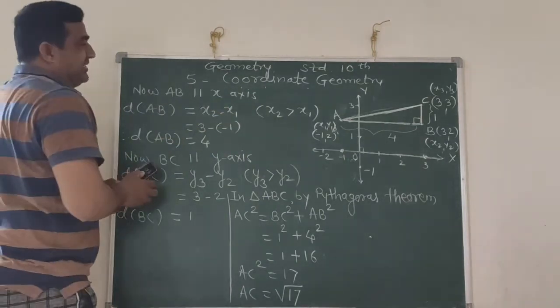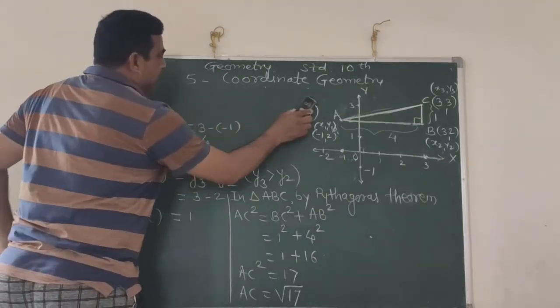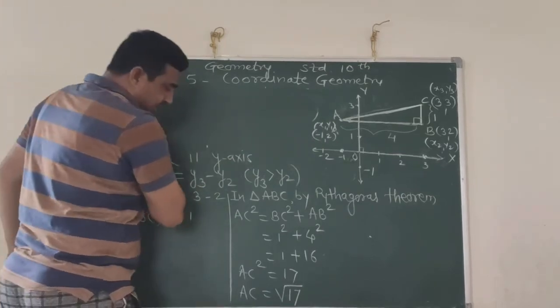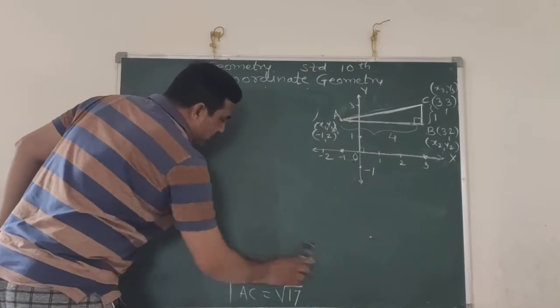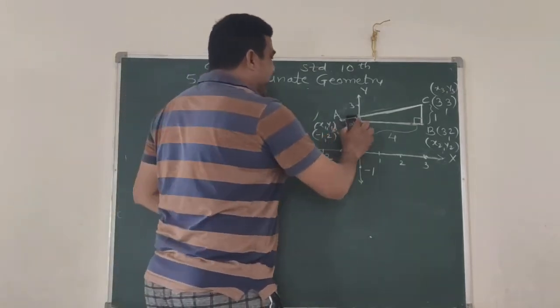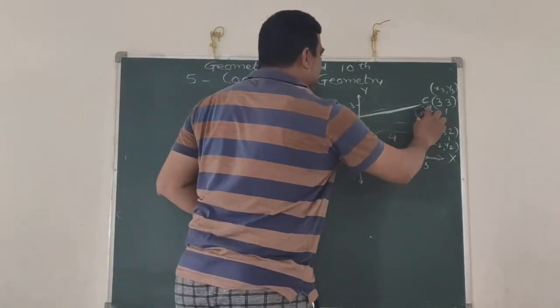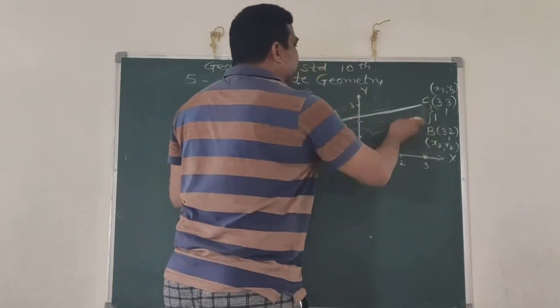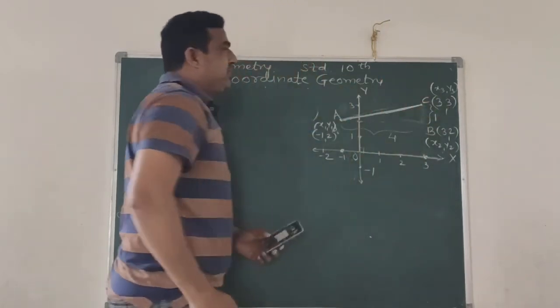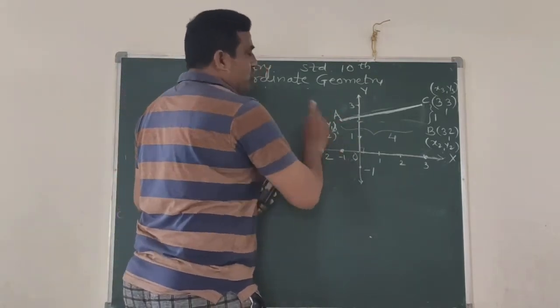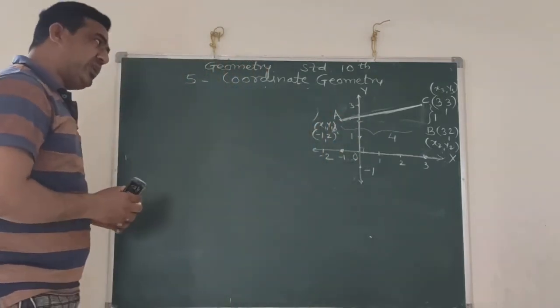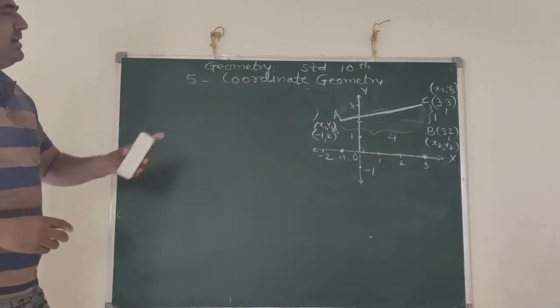So in that case, we have another formula for how we can find the distance between these 2 points. Now consider these points A and C. C is (3, 3) and A is (-1, 2). These are the coordinates. Now I want to find distance AC.